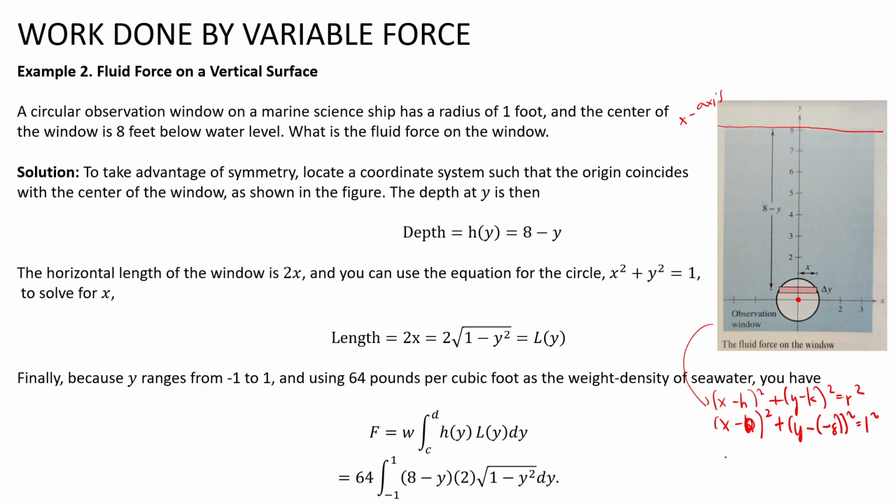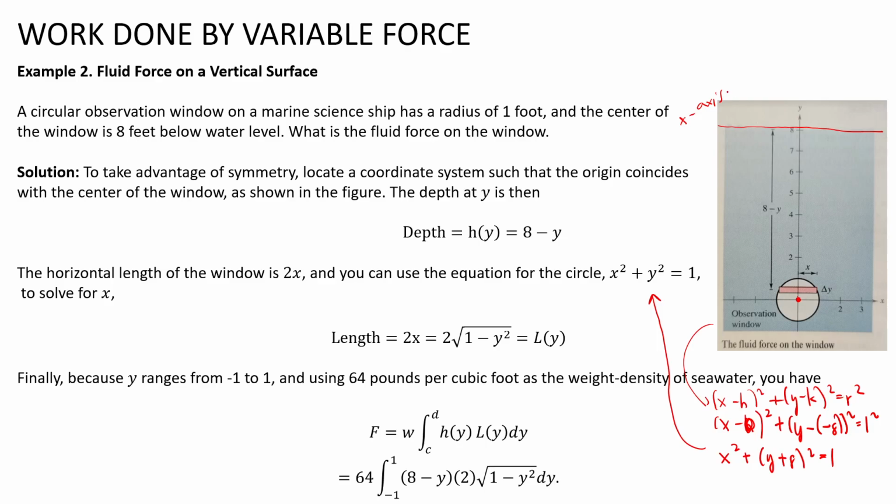So meaning my equation is x squared plus y plus 8 squared is equal to 1. So you can see a difference here because if the origin is at 0, 0, automatically it becomes x squared plus y squared equals 1 squared. Diba? So muna siya ang difference if I try to place the x-axis at the surface of the water.